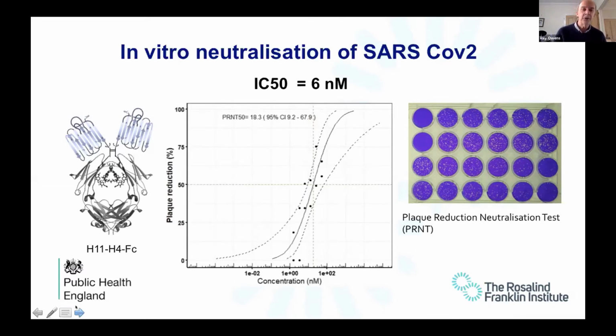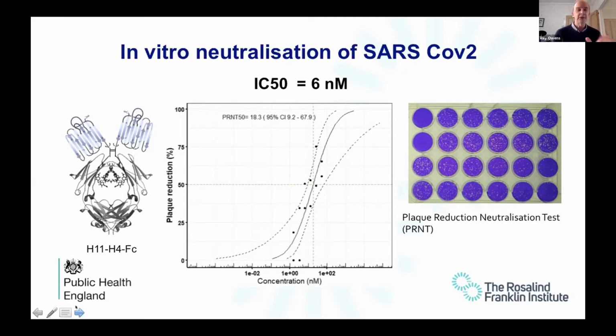So based on the concentration dilution series shown here, this is work done in collaboration with colleagues at Public Health England at Porton Down. The IC50 for this H11 molecule is around 6 nanomolar. Now, this is expressed not as a single antibody, but as a nanobody fused to a human Fc, which is quite a traditional way of increasing the avidity of nanobodies and also recreating effectively a whole heavy chain only antibody species.